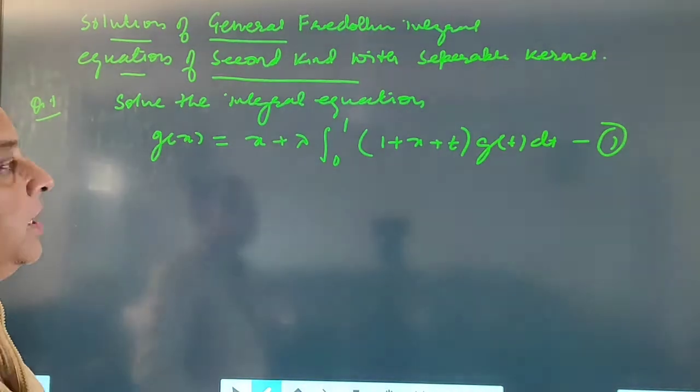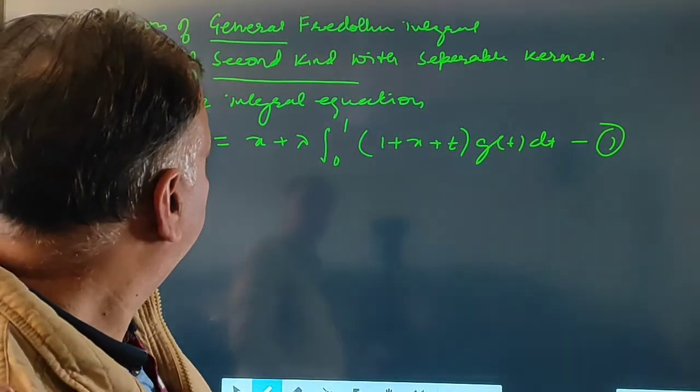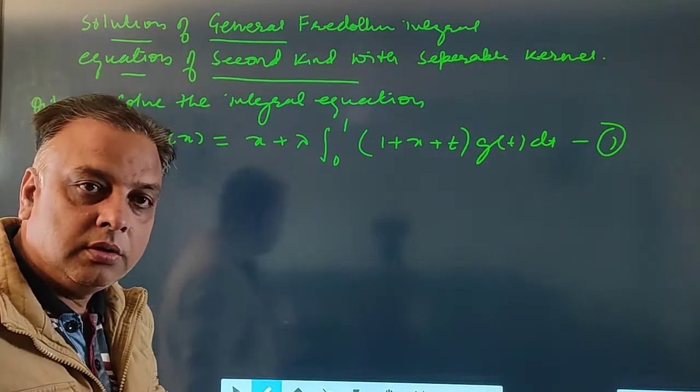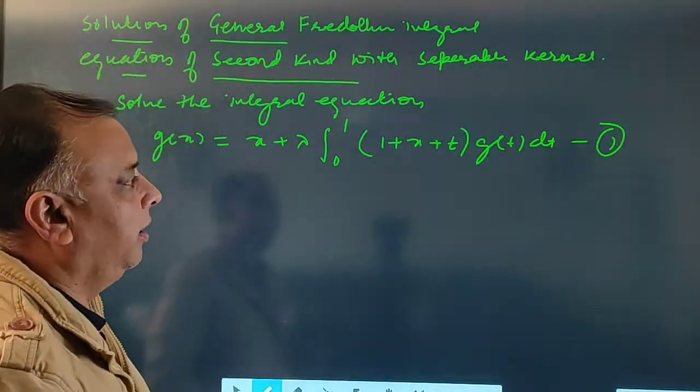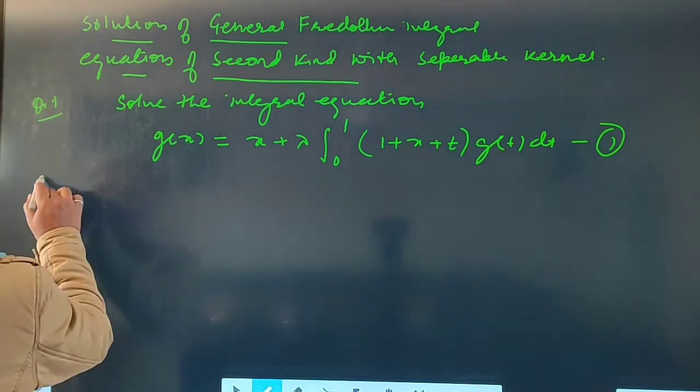So we see that this is a Fredholm integral equation, a general Fredholm integral equation of the second kind. Now we solve the problem.